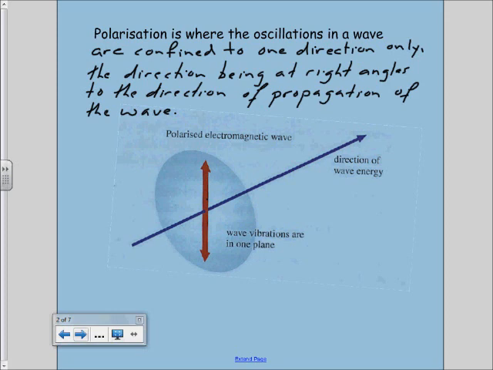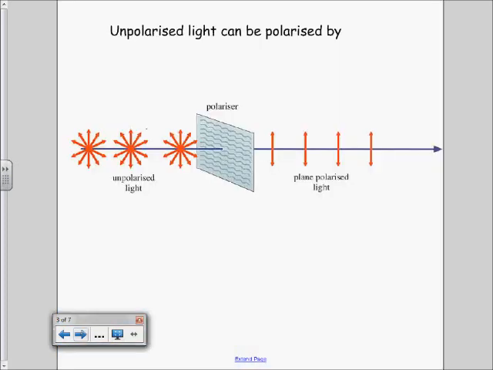So this wave has been polarized. There is only one plane or direction of vibration present. If we have a look at that in the situation of light, over on the left hand side of this diagram we have unpolarized light traveling along from left to right. We then place a sheet of Polaroid, or what's known as a polarizer.